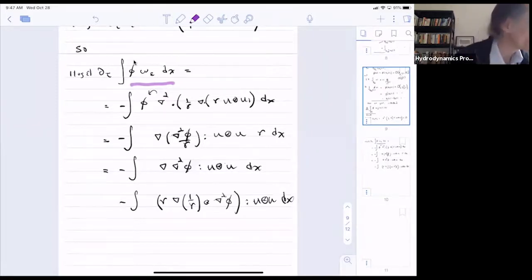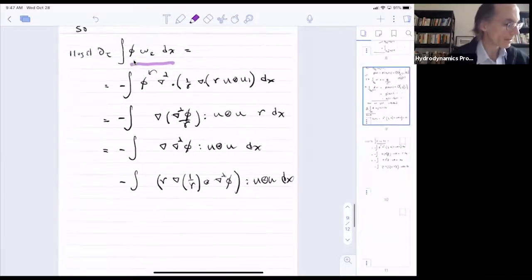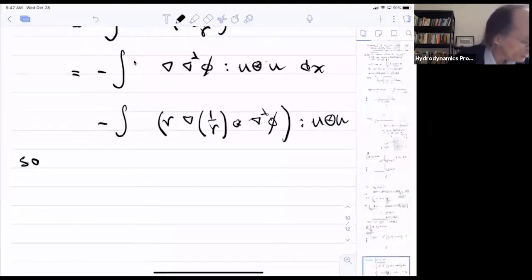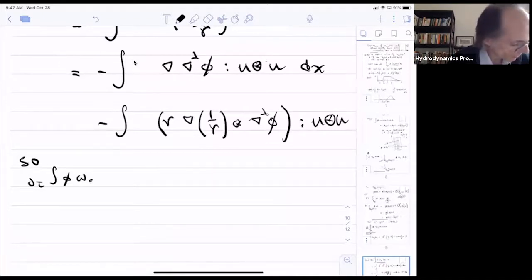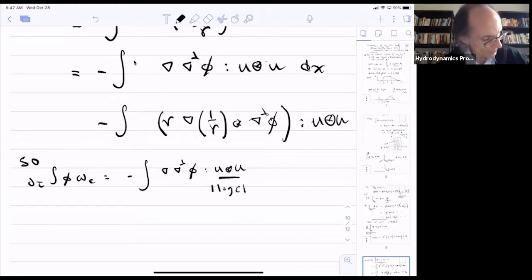And what this quantity up here is, it's the directional derivative, u dot gradient of 1 over r times r.